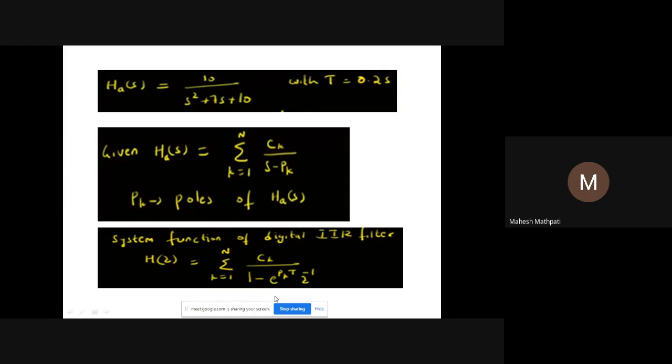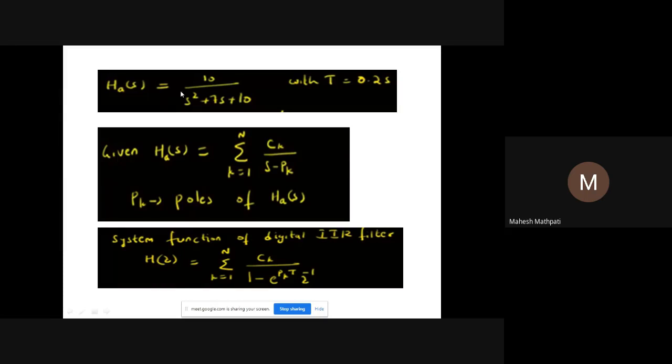We just write down the question. For the given analog system, are you able to see this?